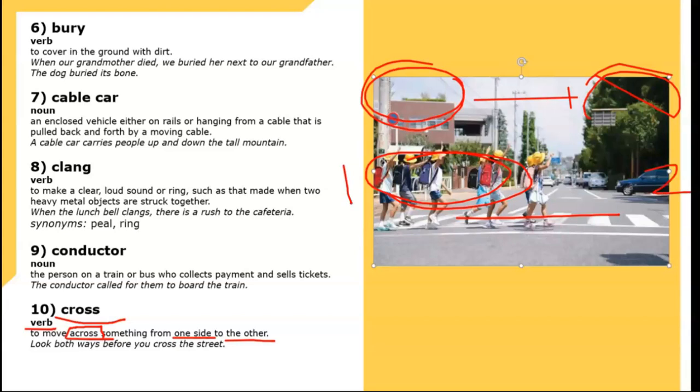When we are doing the action of actually moving, we can use this word cross. But when we are talking about where something is, the school is here, the park is here, so they are across from each other. Please be careful with these two words because they can be a little bit tricky.